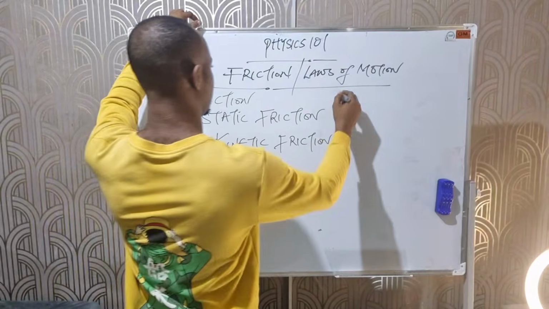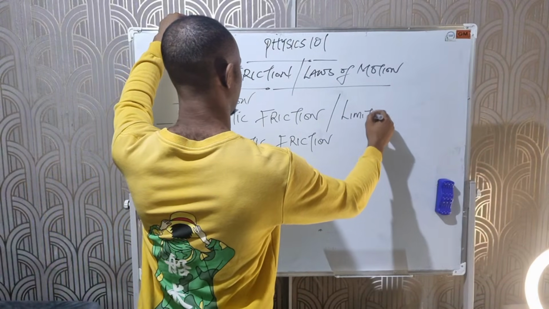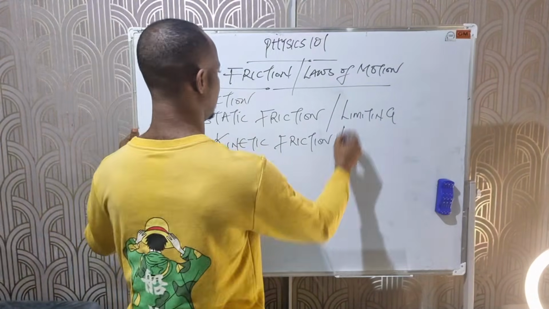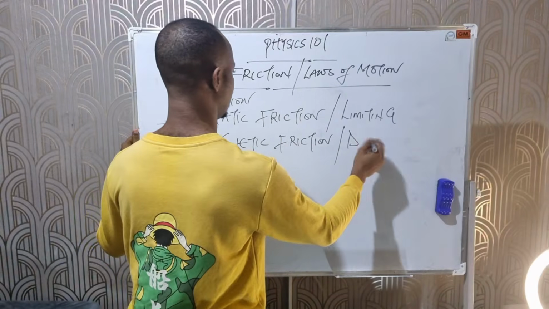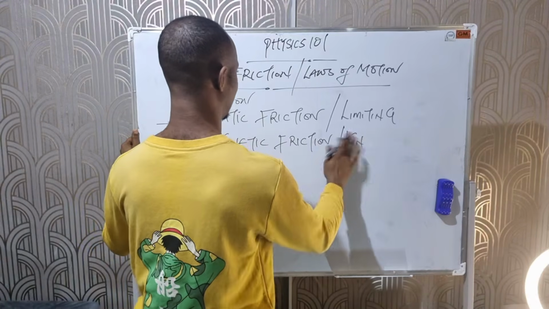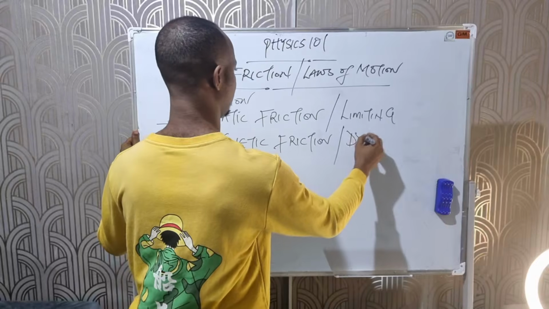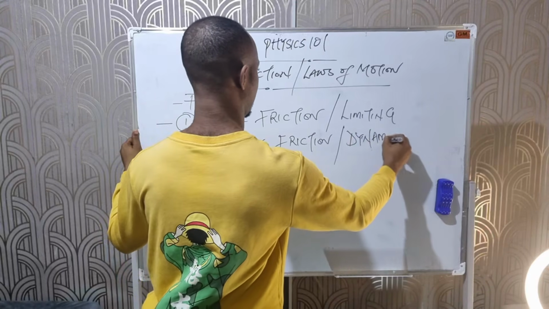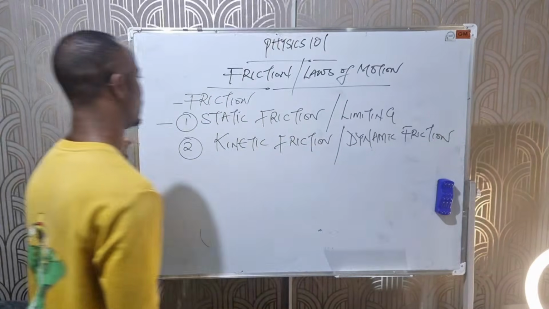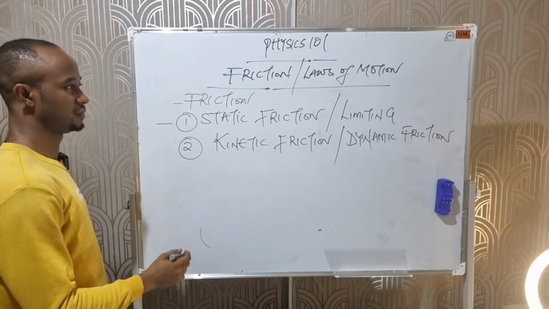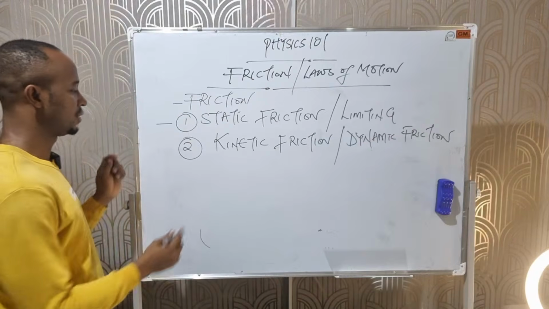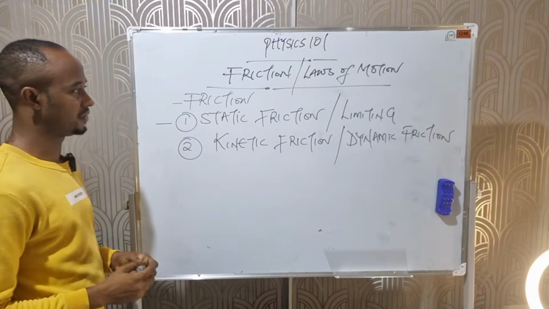The static friction is also known as the limiting friction, which is the maximum force that must be overcome. The kinetic friction is also known as dynamic friction. So friction can be classified into two: static friction and kinetic friction. We'll look at them one after the other, then we proceed further.